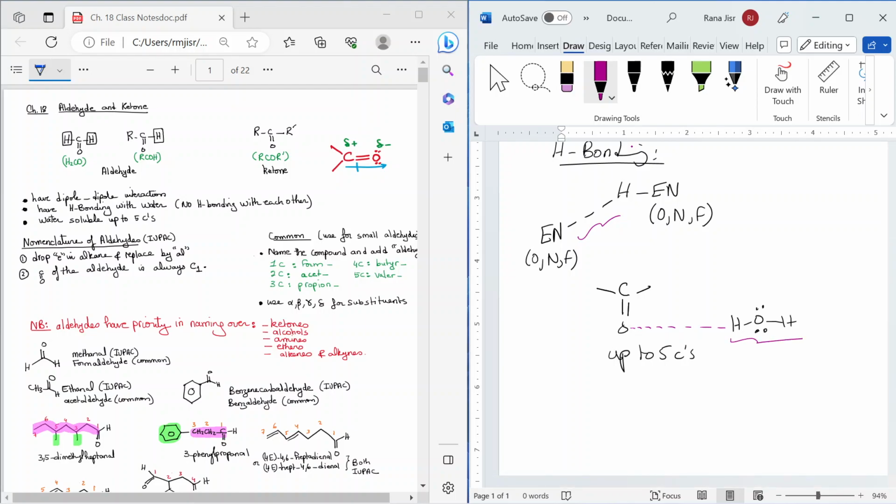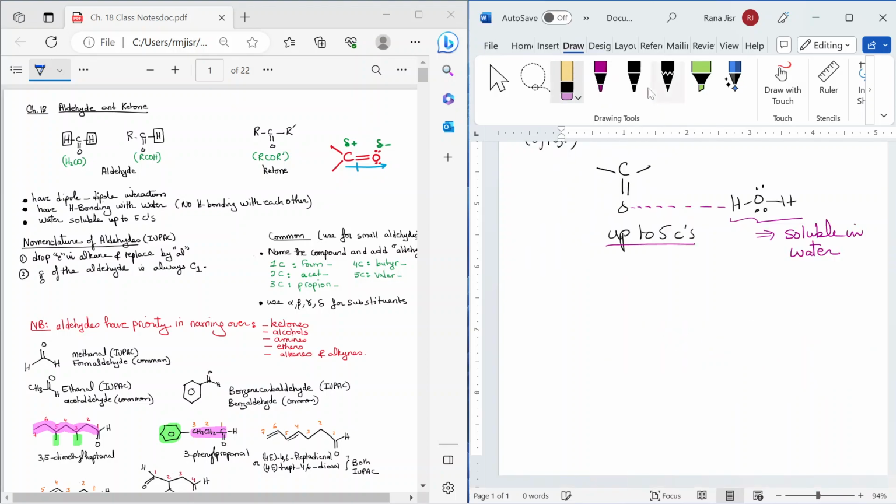When they hydrogen bond with water, this means that they are soluble in water. But of course, up to 5 carbons, not more than that, or else you're going to have a long hydrocarbon chain. Even with the hydrogen bonding, it's not enough to be soluble in water.